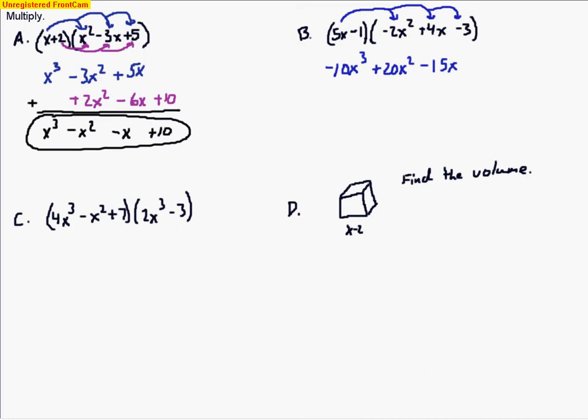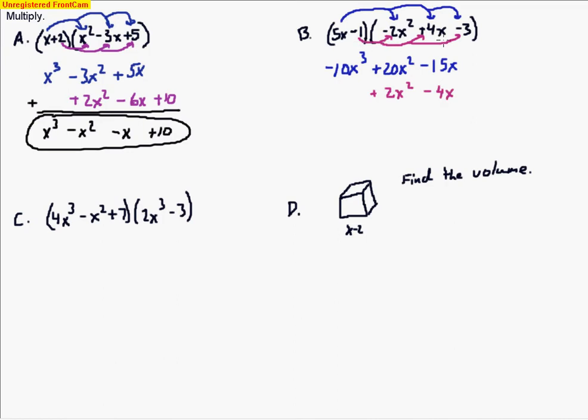Well, now we move on to the last number in the binomial. It's the negative 1. Well, the nice thing about multiplying by a 1 is the numbers won't change, but the signs do because it's negative. So, negative 1 times negative 2x squared makes a positive 2x squared. Now notice I'm putting it underneath the term I'm going to collect it with. Negative 1 times 4x makes a negative 4x.